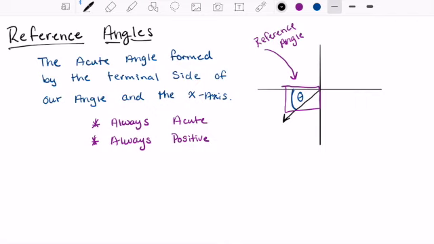So looking right here, I can see that here is our angle that we have graphed. Whatever the acute angle, the angle less than 90 degrees, that is formed with our terminal side and the x-axis, that's our reference angle.